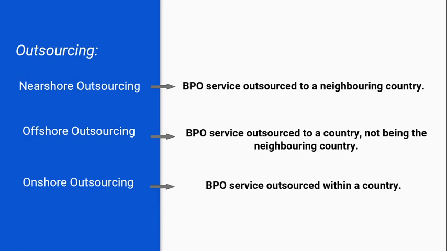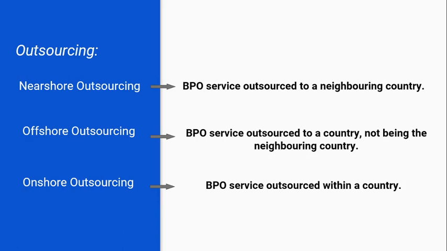First, when the BPO service is outsourced to a neighboring country, that type of outsourcing is called near shore outsourcing. For example, a company, say XYZ Limited, is located in India and certain of its activities are outsourced to a company located in Bangladesh. Now Bangladesh is a neighboring country to India. So that type of outsourcing will be termed near shore outsourcing.